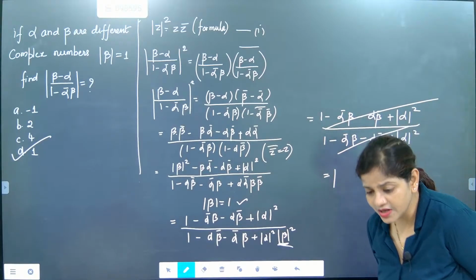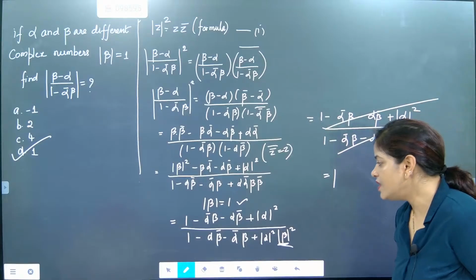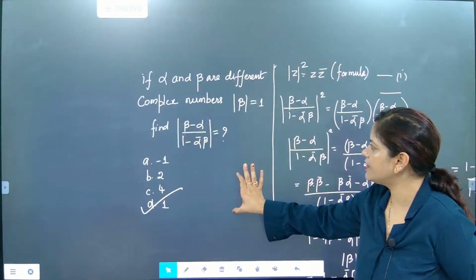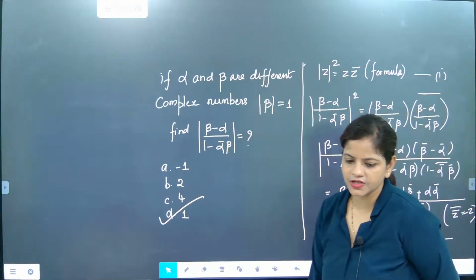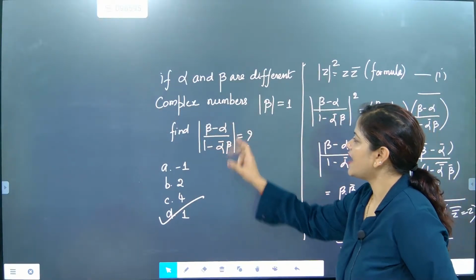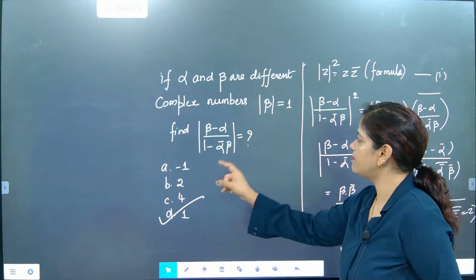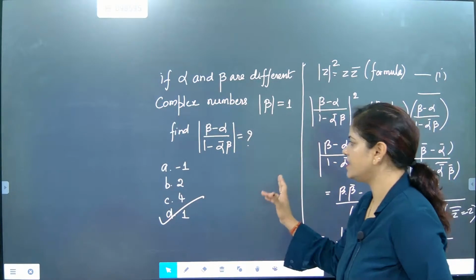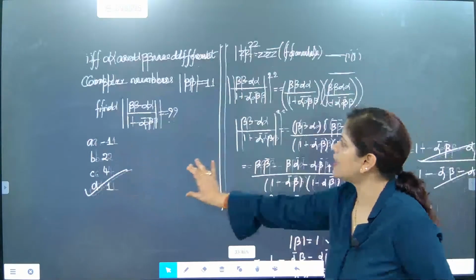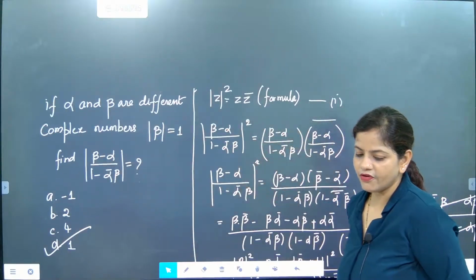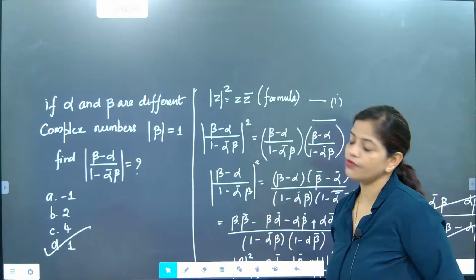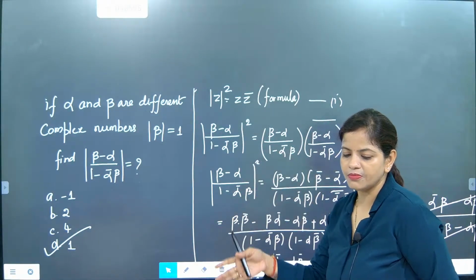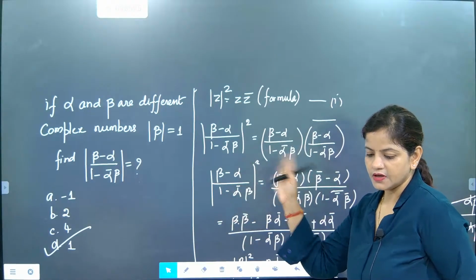What we have done in this question is, I'm rewinding it. Now look here beta. The moment we saw this question, the question was this, and they asked that beta minus alpha by 1 minus alpha bar beta, the answer is coming as how much? So what we have done here is, first we used our formula, and that formula is modulus of a complex number whole square is equal to the complex number multiplied by its conjugate.